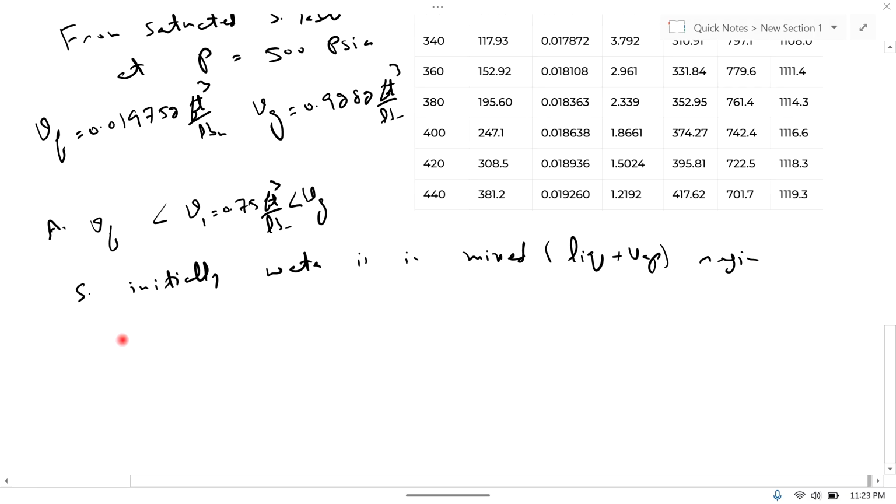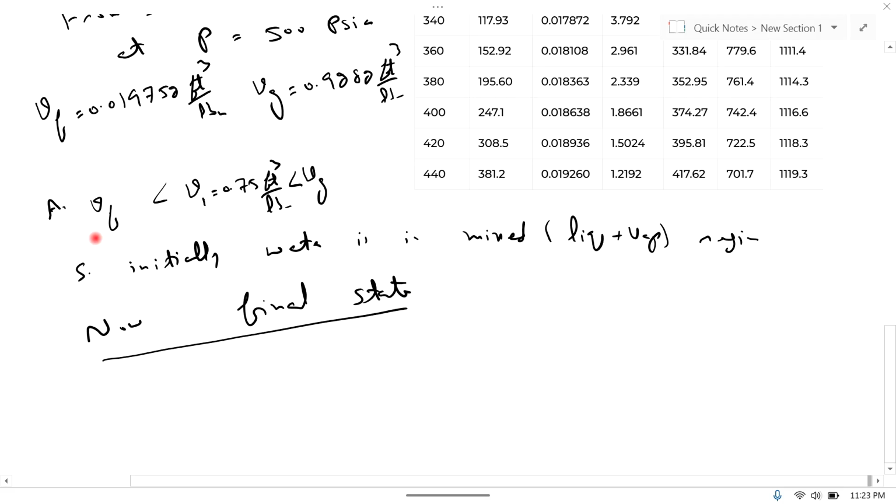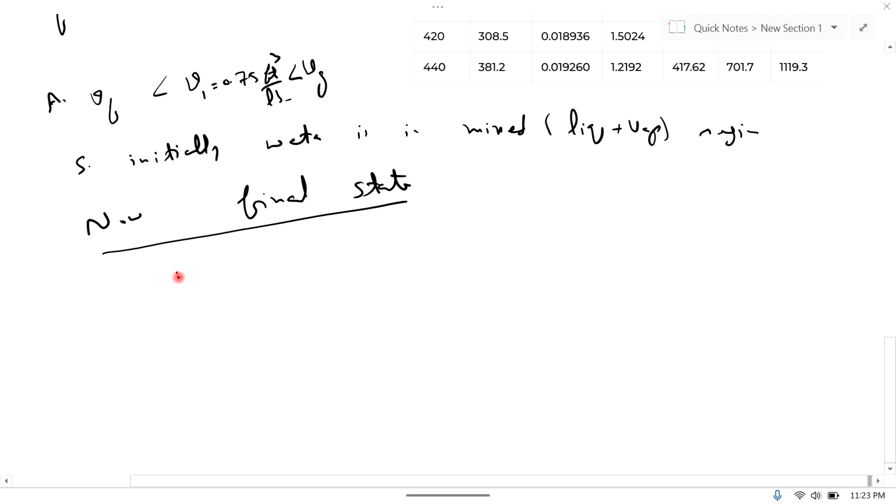Now we are finding point 2, where finally the water is in the wet region or in the superheated region. So now we are finding the final state. Finally, v2, the total volume, is given to us as 3 cubic feet.